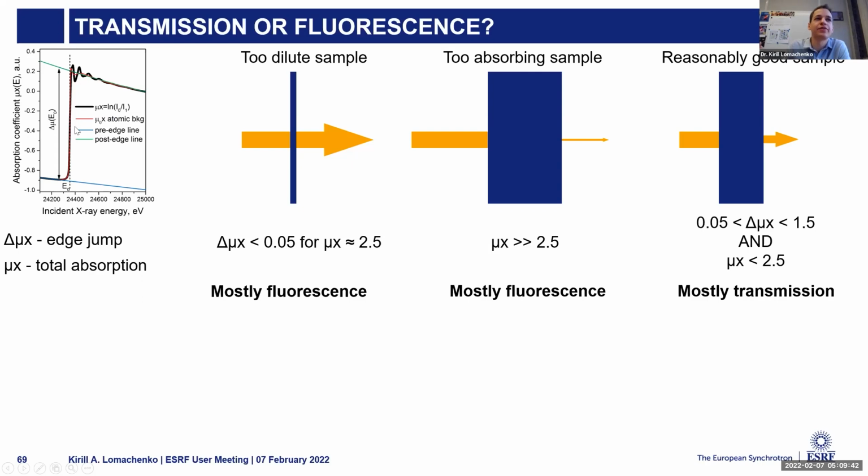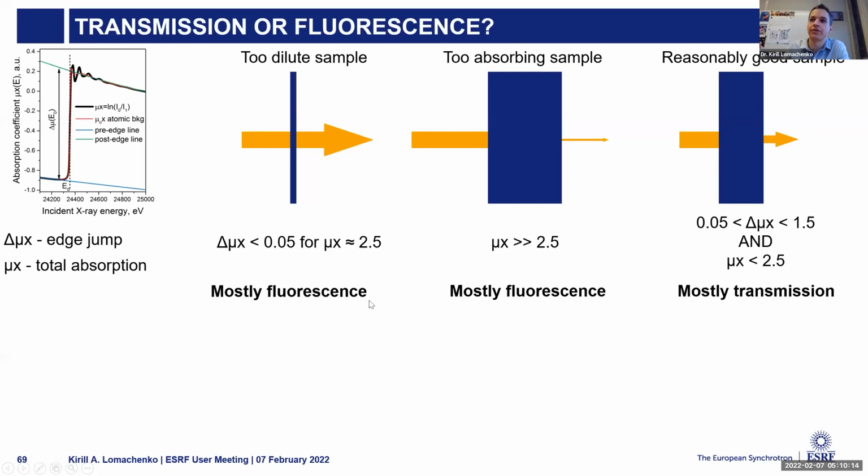So the signal is very small, the oscillations are very weak, and the noise is always the same. So the signal to noise ratio is low, and you may get better results using fluorescence. Indicatively, when the edge jump is lower than 0.05, you should consider at least testing the fluorescence, to see whether it gives you better results.